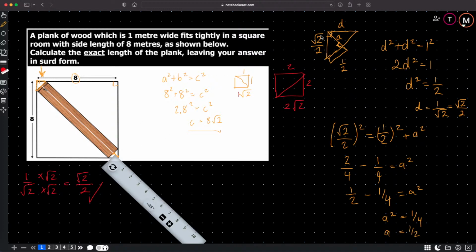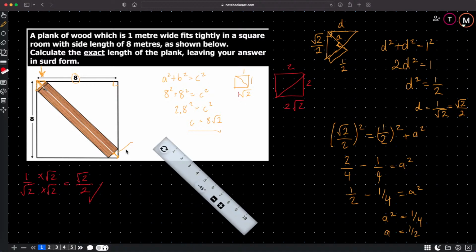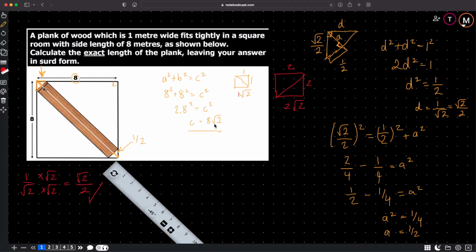Okay, so that little length from the corner of the square to the edge of the plank, which I've drawn terribly there, but hopefully you get the idea. This little length we talked about at the very start, the big problem we were having, is equal to a half. The total length of the diagonal is 8 root 2, which we established at the start of the problem.